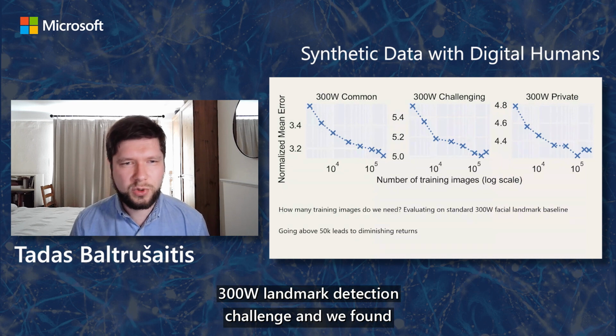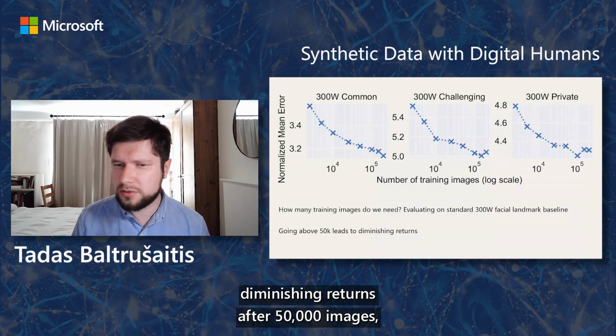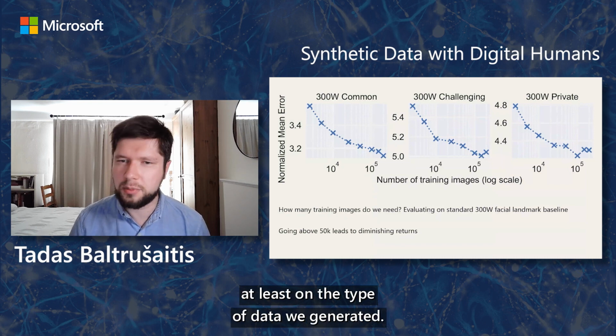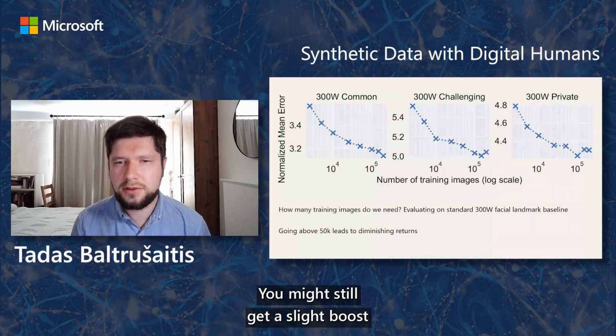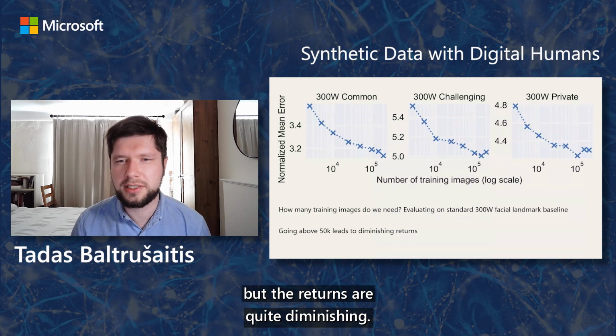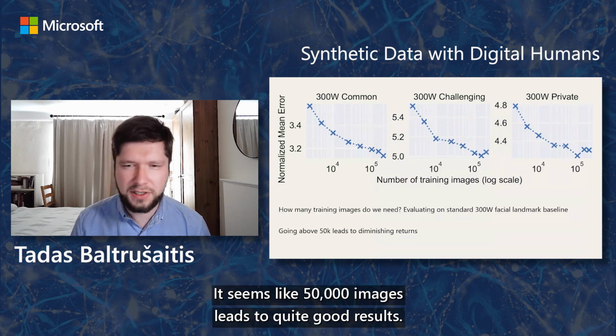We found that you start getting diminishing returns after 50,000 images, at least on the type of data we generated. You might still get a slight boost on certain subsets with 100,000 images, but the returns are quite diminishing. So it seems like 50,000 images lead to quite good results.